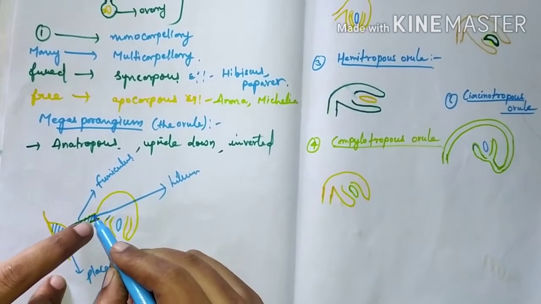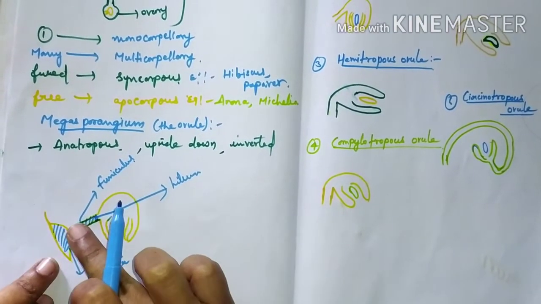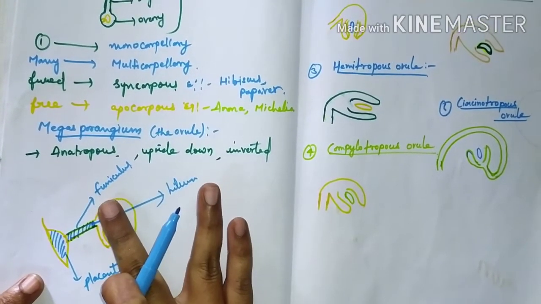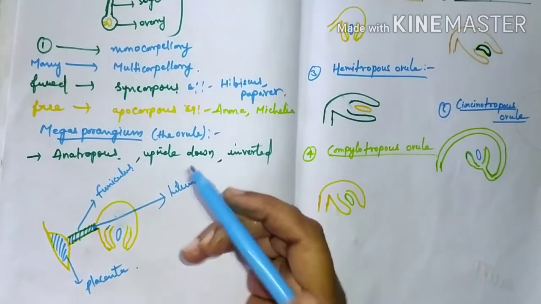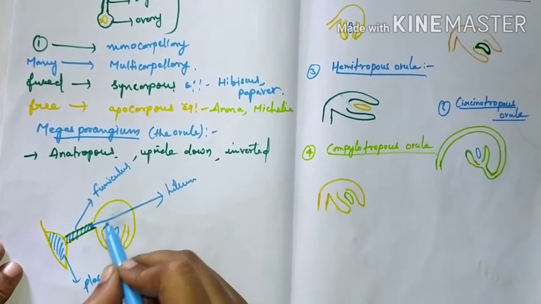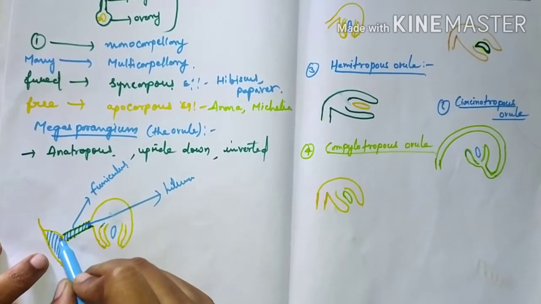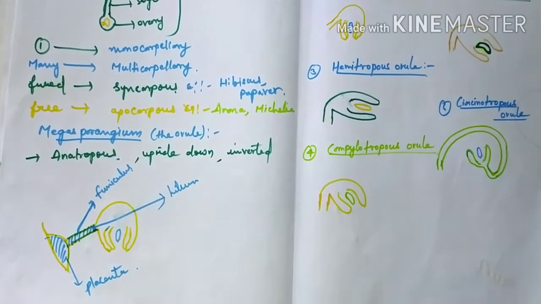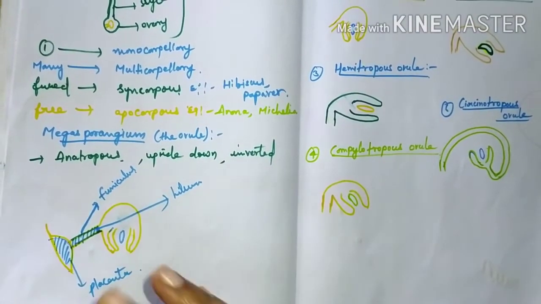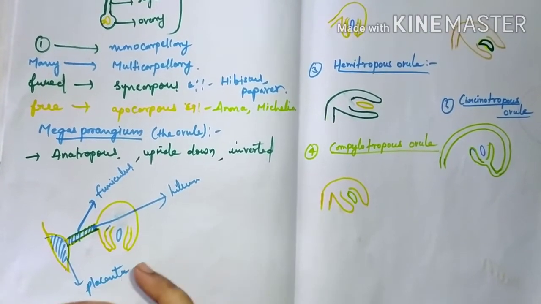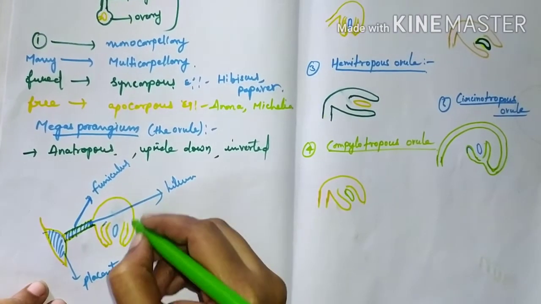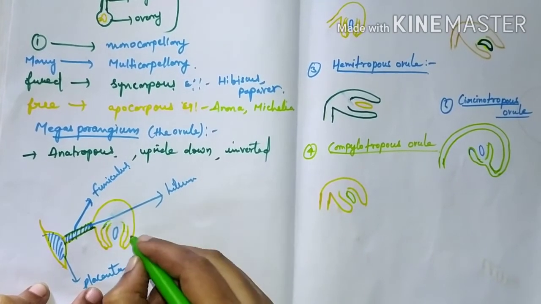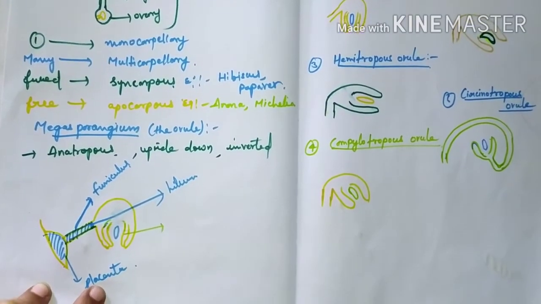This hilum is the junction between the funiculus and the body of the ovule. The ovule is attached to the placenta with the help of this stalk-like structure, the funiculus. And this ovule is covered with protective envelopes, which are called the integuments.